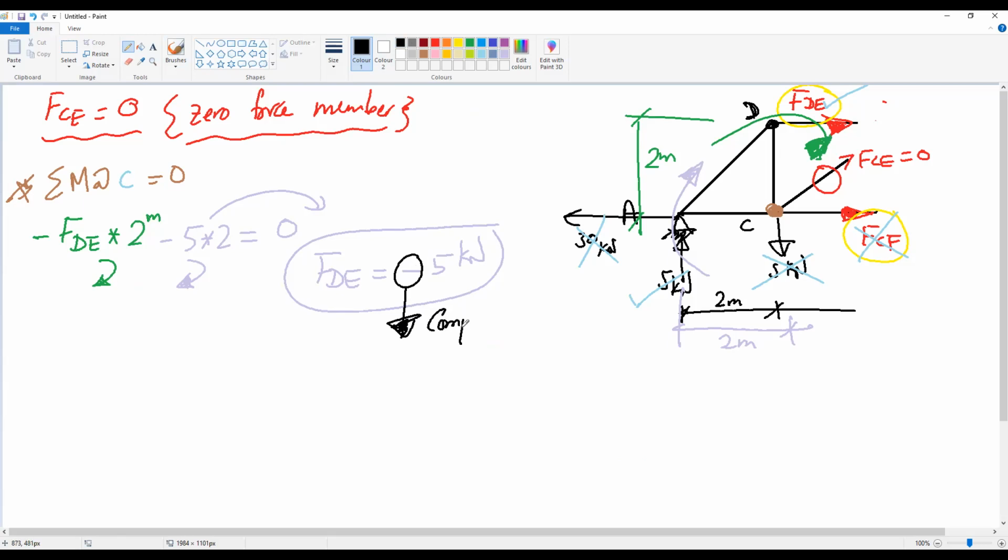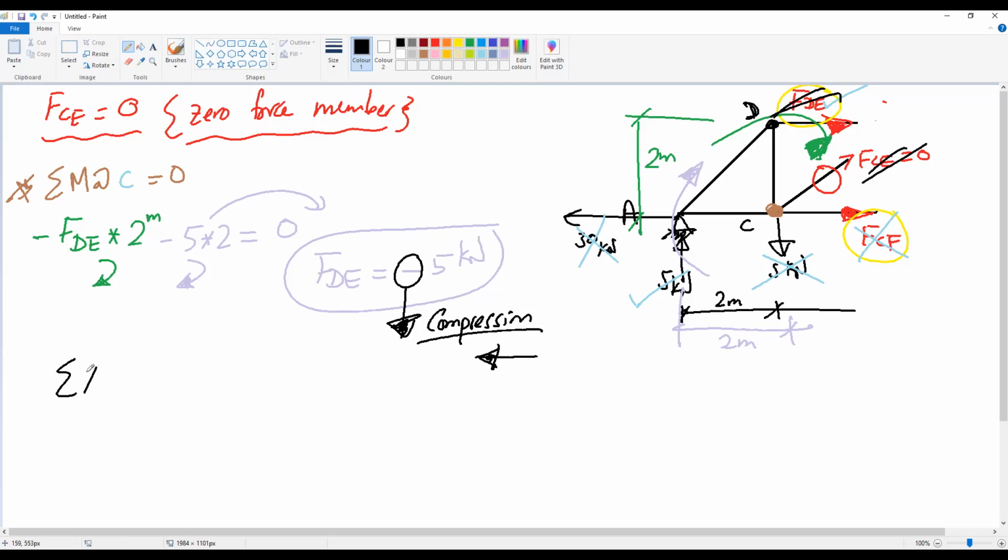The negative value means compression, because we assumed it at the beginning as tension, so it is actually compression, and the direction should be to the left, as Tian said. So this force is a compression force. Now we have FDE and FCE, so the last one is FCF.